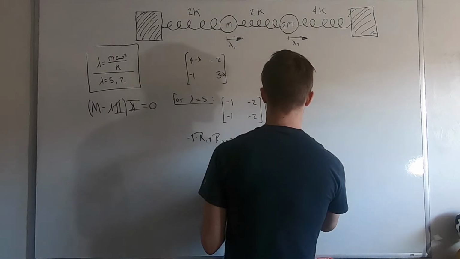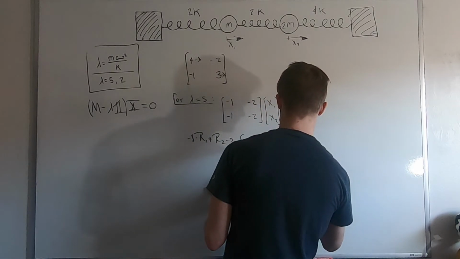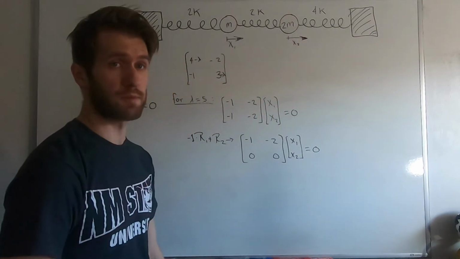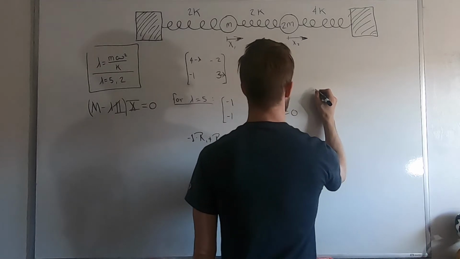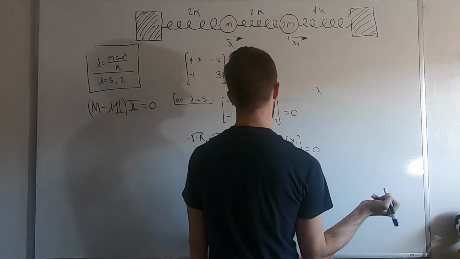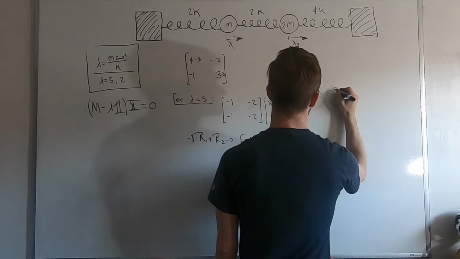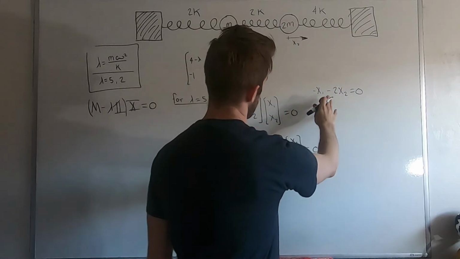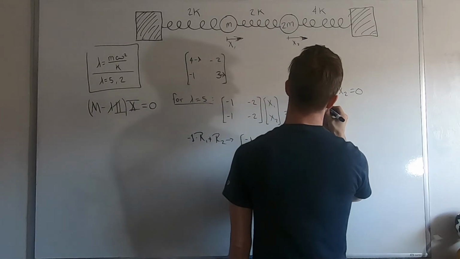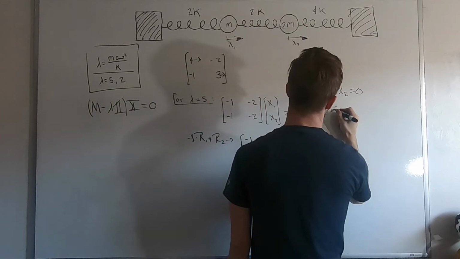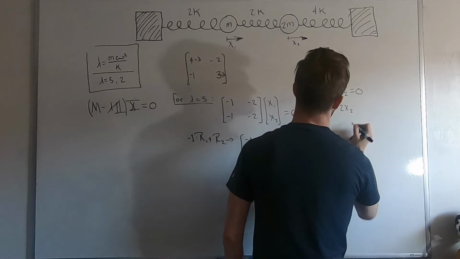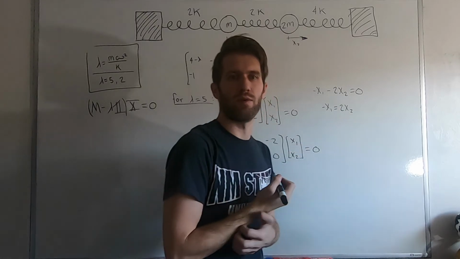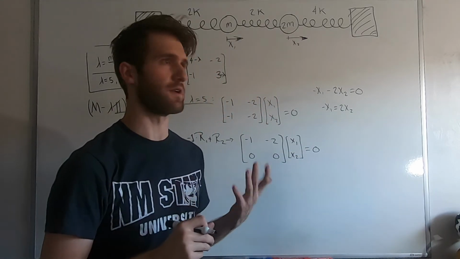We're going to multiply that by our column vector, x1, x2, set that equal to 0, and start multiplying this out. What we get now is negative x1 minus 2x2 equals 0. We can move that over: negative x1 equals 2x2. At this point, you can really select any x value you want, but it's best to just keep it fairly simple.